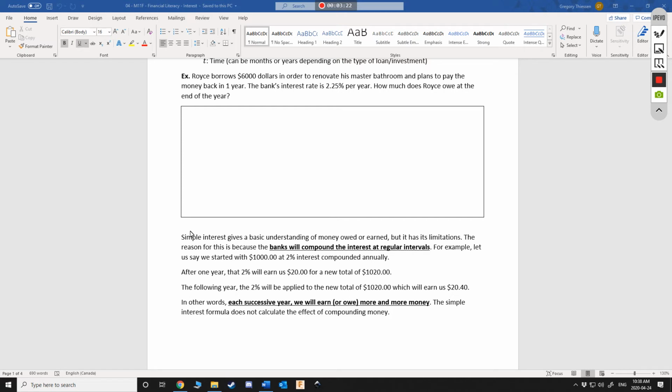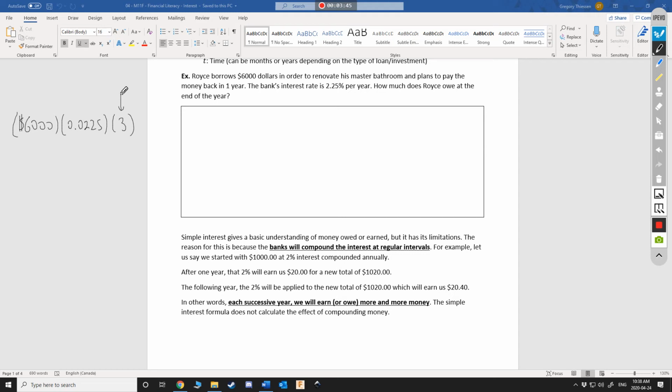So let's say instead of 1 year, Royce decided to do that for 3 years. The banks don't just simply take that $6,000 and multiply it by 0.0225.